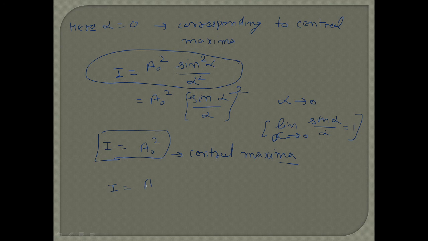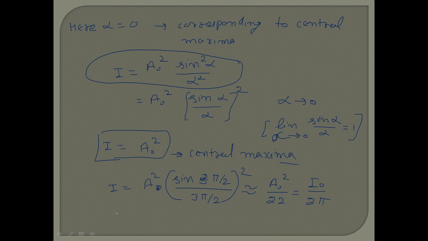I is equal to A naught square, sine alpha divided by alpha whole square, and the value of alpha for the first is 3 pi by 2, which is nearly equal to A naught square divided by 22, that is I naught by 22.